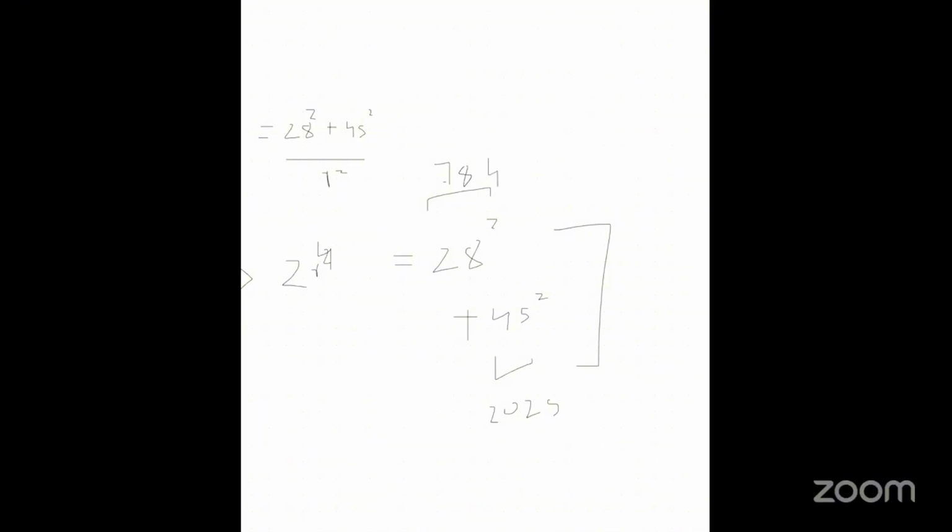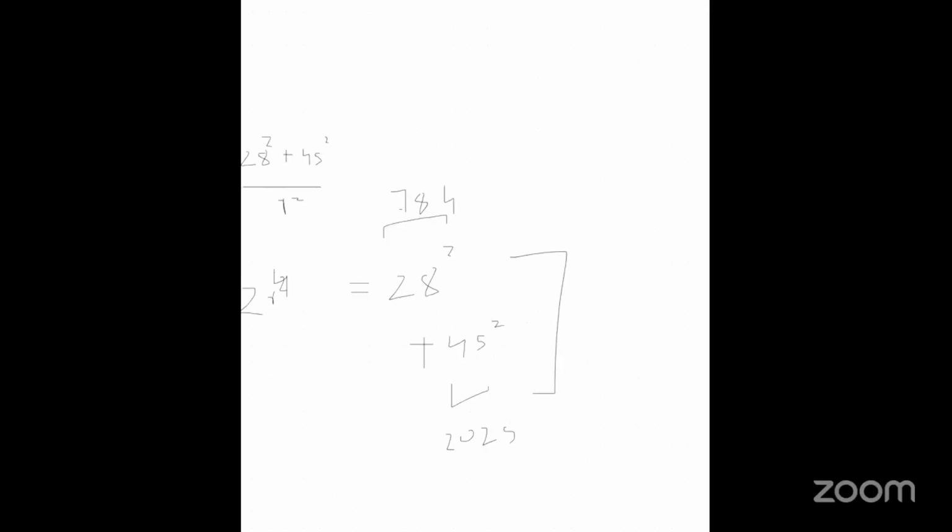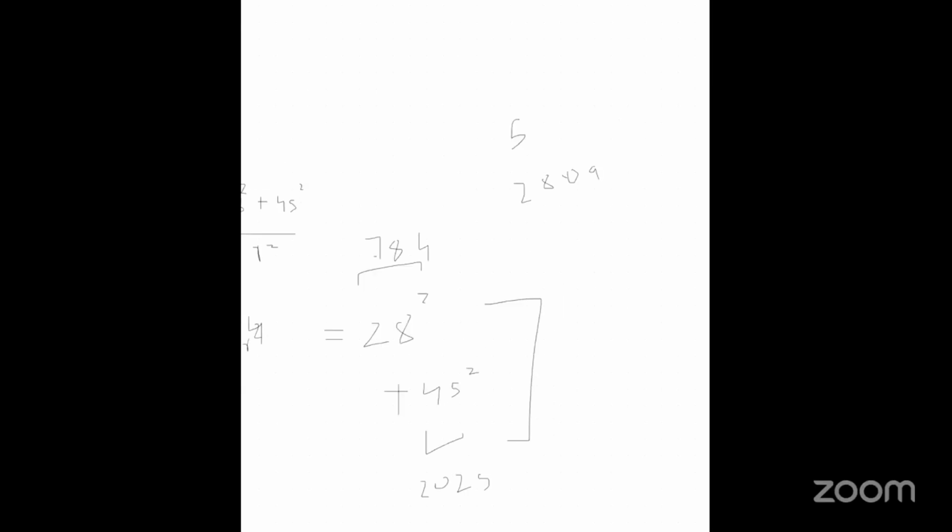So when you add them, 2809. That sounds like some 53 squared type of thing. Yeah, this is like 53 squared, I think. Right? So this is 53 squared. Yeah, it is 53 squared.